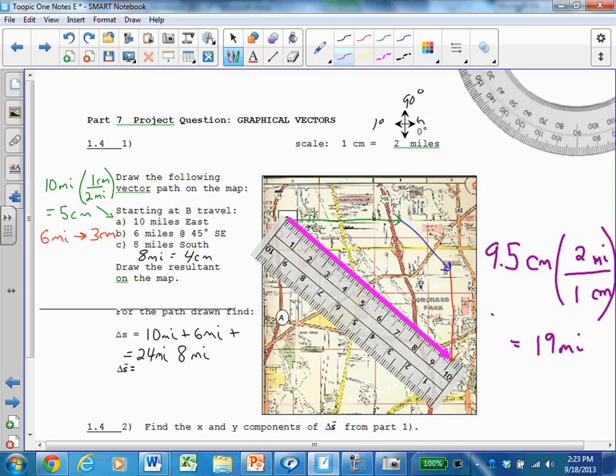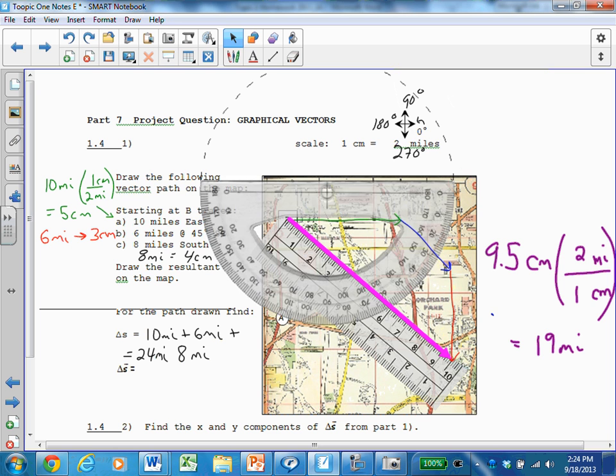That's 270. Okay? So north ends up being 90. West is 180. And south is 270. So we're going to be around 300 or something, aren't we? See that? So you have to interpret that off of here.